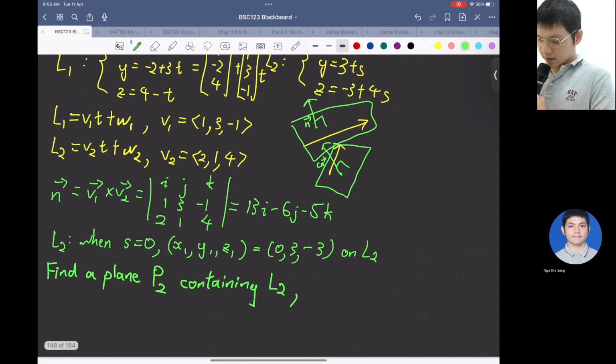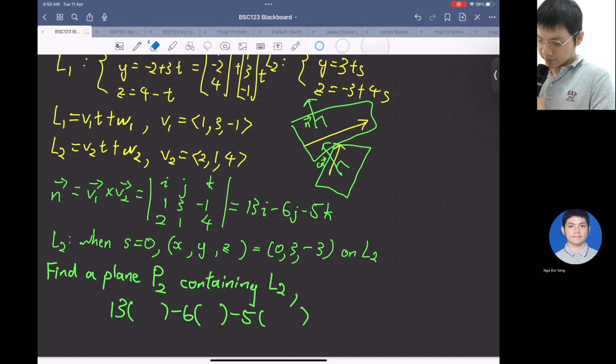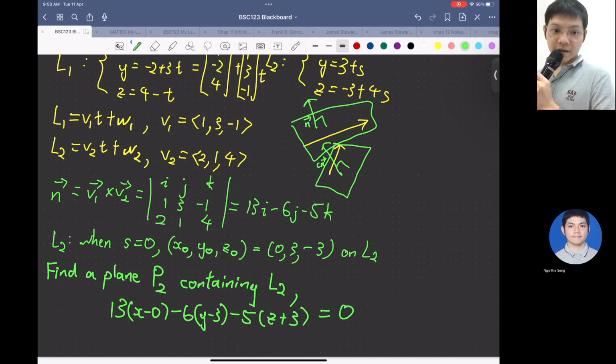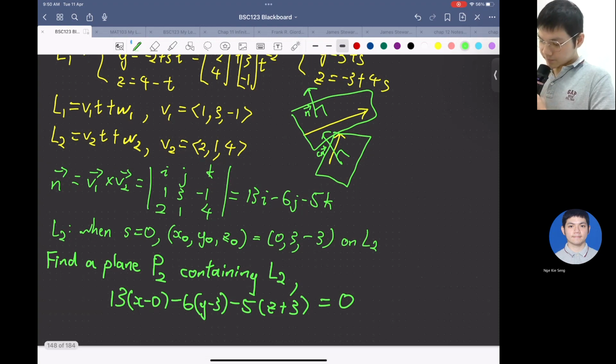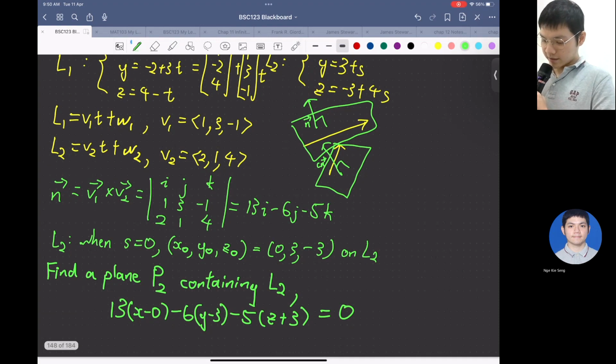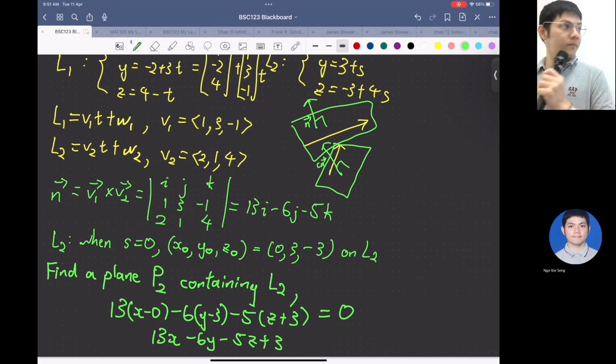I already found the ABC, which is 13, minus 6, minus 5. We need x0, y0, z0, so: 13(x minus 0) minus 6(y minus 3) minus 5(z plus 3) equals 0. So this is our plane. In ABCD form, it is 13x minus 6y minus 5z plus 3.